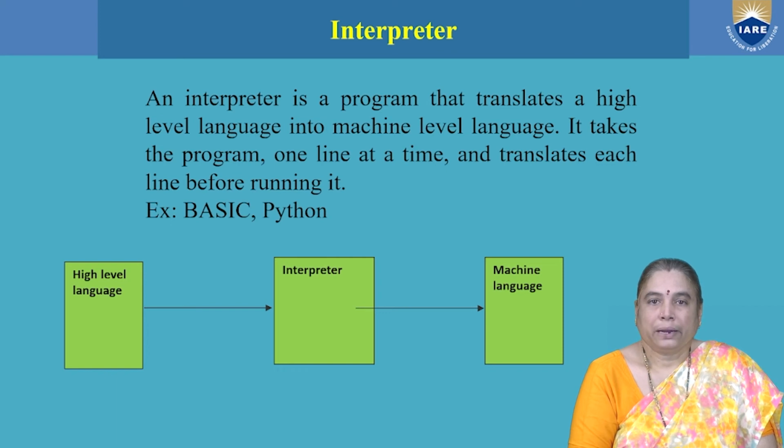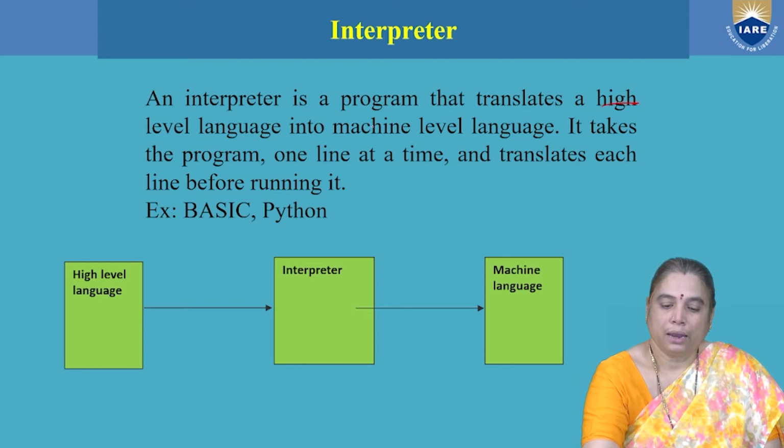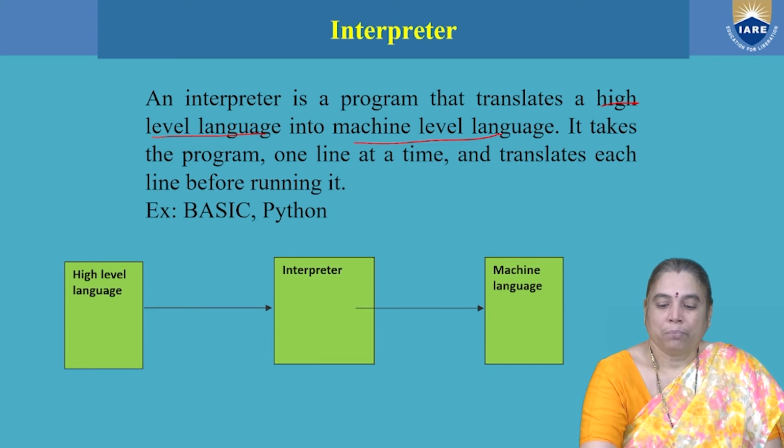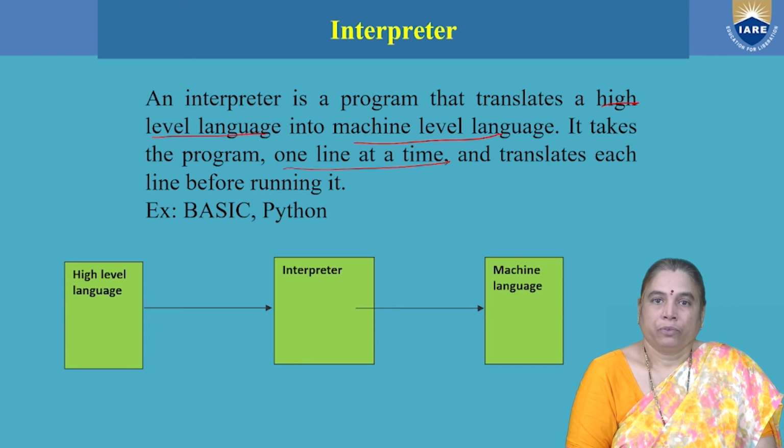Next, interpreter. Interpreter and compiler functionality can be the same. Both are used to translate the high-level language program to machine level language program. But the compiler can translate the whole program at a time, while the interpreter can translate one line at a time. So it can translate the first line of the program, and if any error occurred in the first line, it stops the conversion process and waits for the user to correct that error.